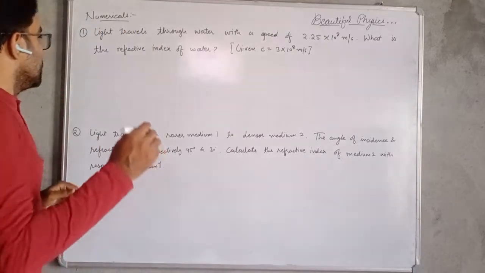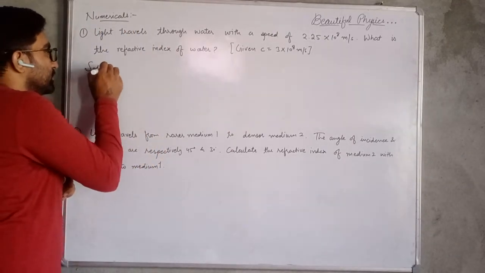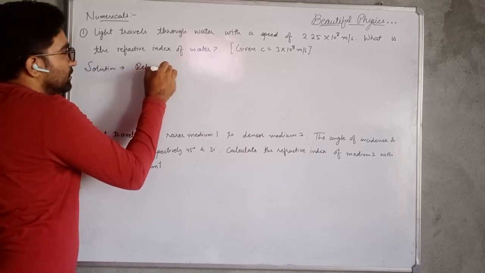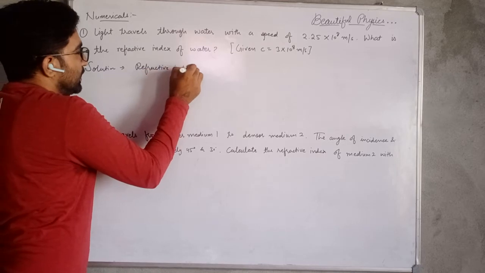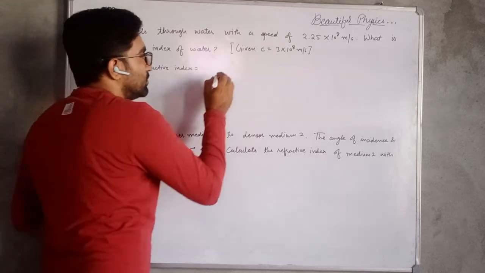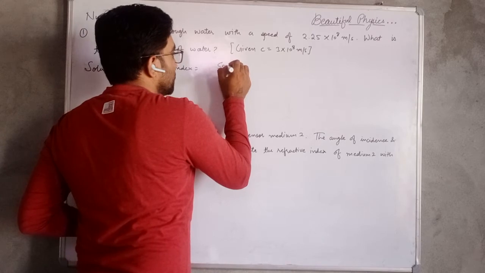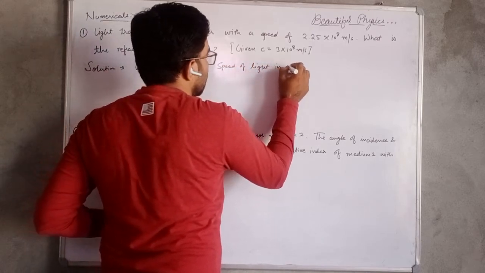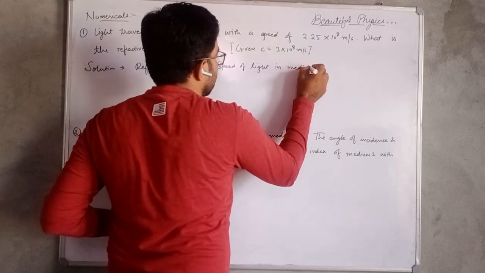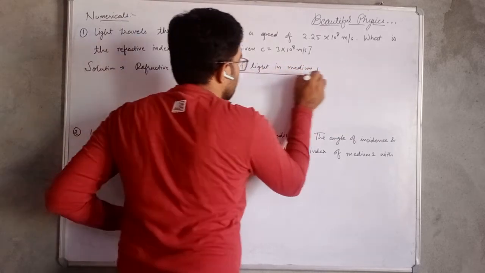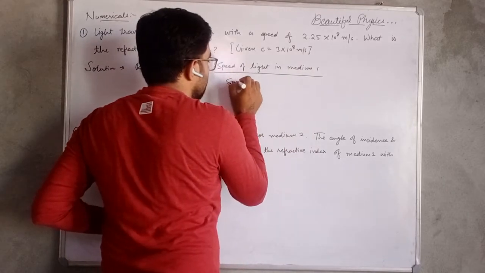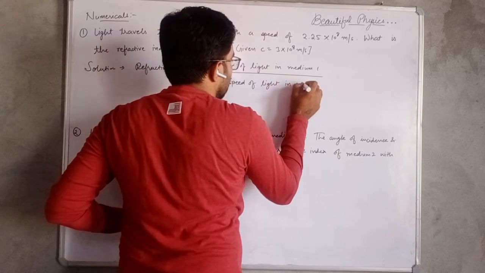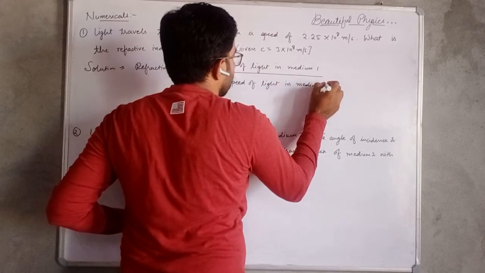Okay, so as we know that the refractive index is equal to speed of light in medium 1 by speed of light in medium 2.